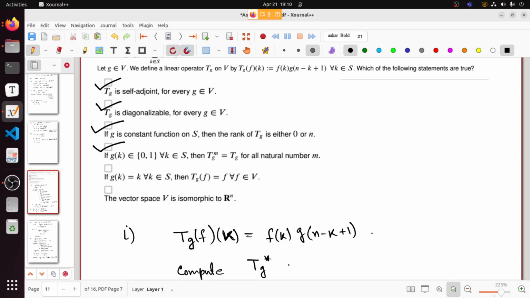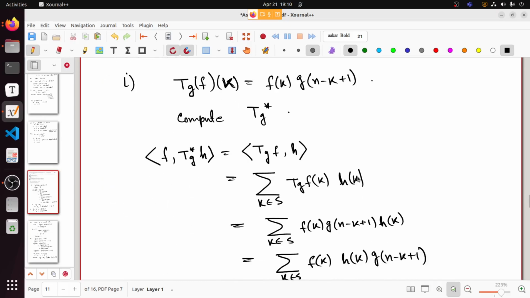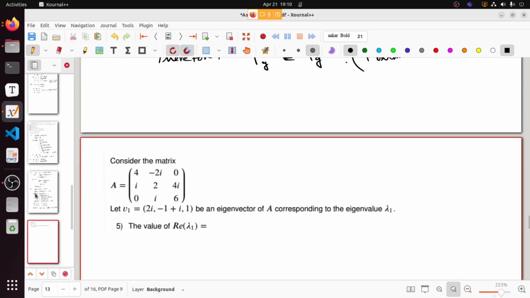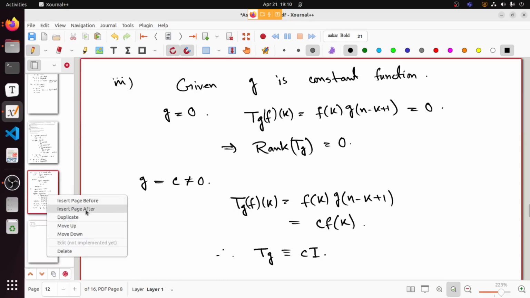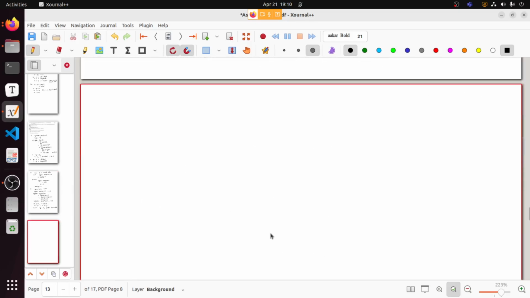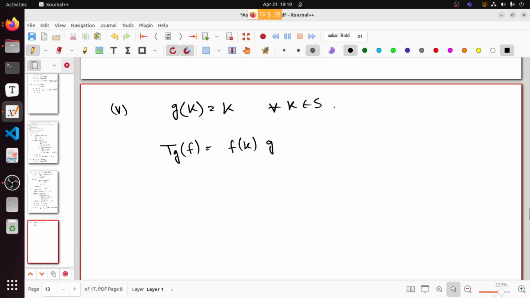Now what is the next one? If g_k is equal to k for all k belongs to S, then T_g of f is the identity operator. Let's check option number 5. g_k equals k for all k in S, then what will be T_g of f? It is f_k times g of n minus k plus 1.